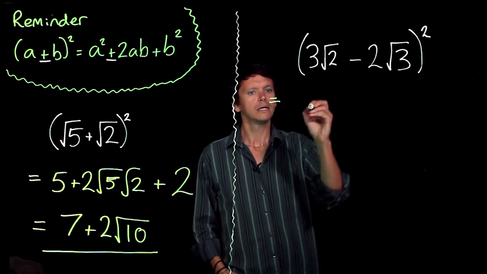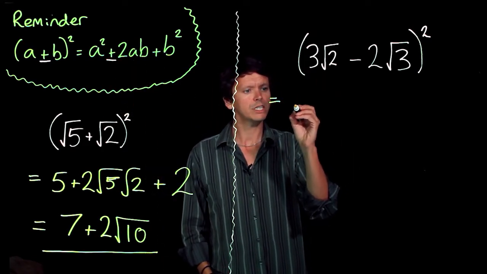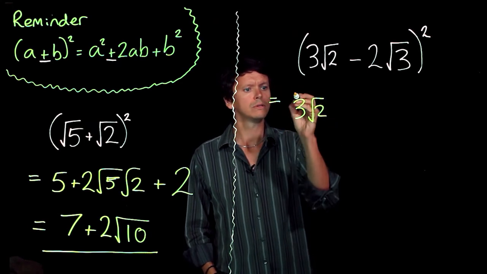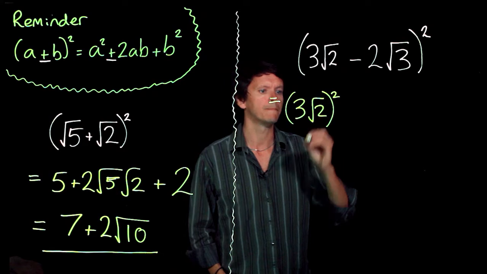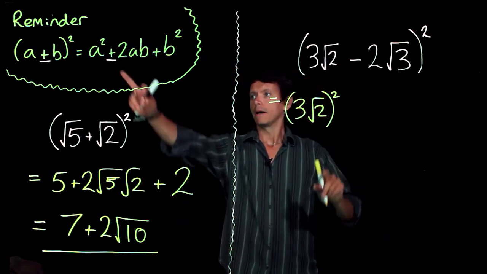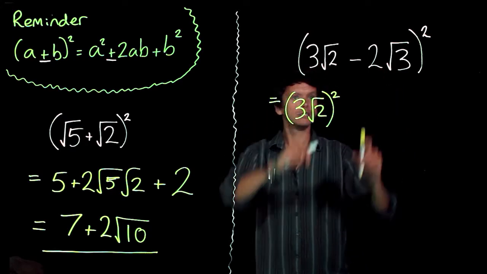a squared. This is where we need to be careful. If we square a, that's 3 root 2 all squared. I'm going to write it like that for now so that we don't go wrong. Minus 2 times the product of these.